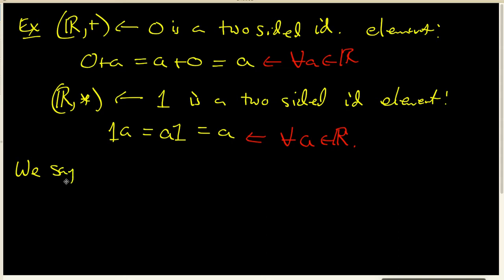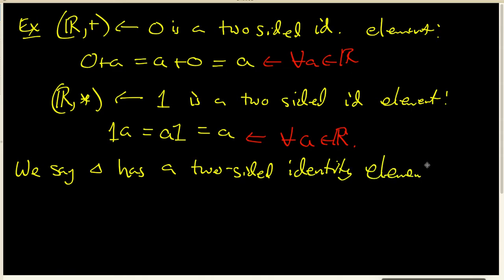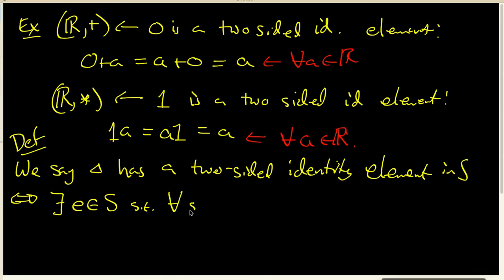So we say triangle has a two-sided identity element inside of set S if and only if, because this is a definition, there exists somebody that is usually called E living inside S, such that for every little s living inside S, we have E triangle s is equal to s triangle E, and both of these things are going to be equal to s.